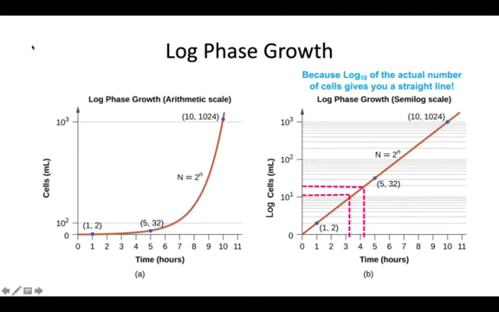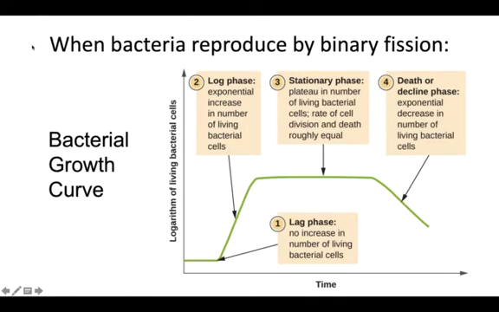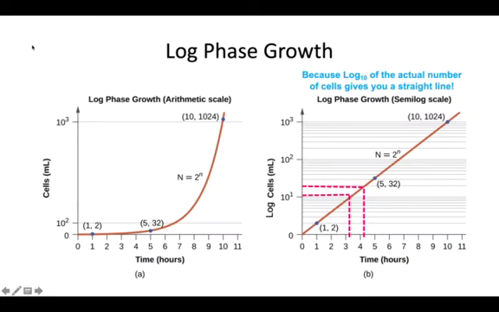So for example, once we put all this data together, and it's in this log 10 log phase growth scale, we are able to determine that if a bacterial population is under a controlled environment, in other words, they only have so much nutrients.